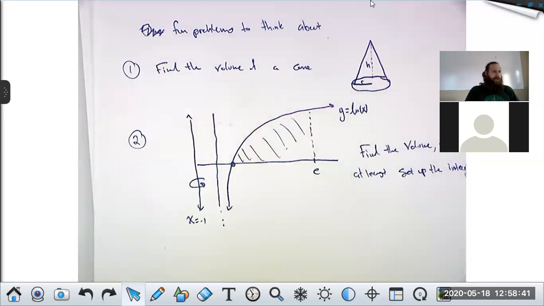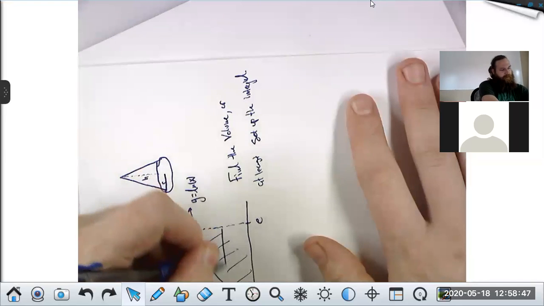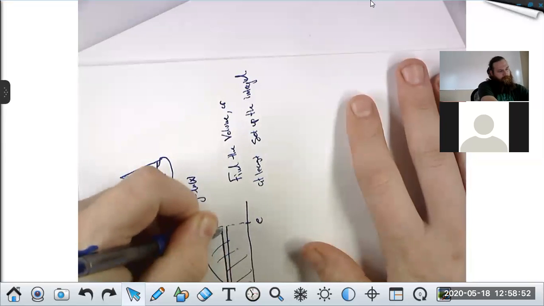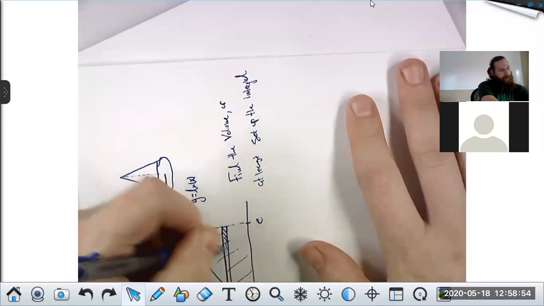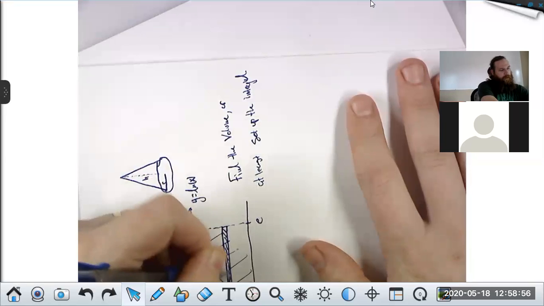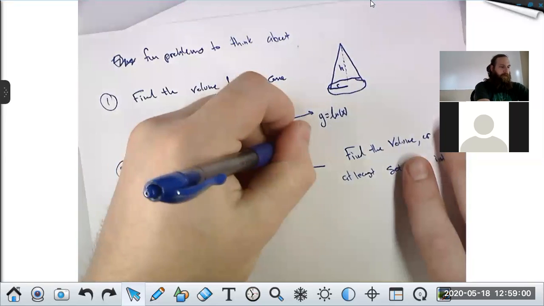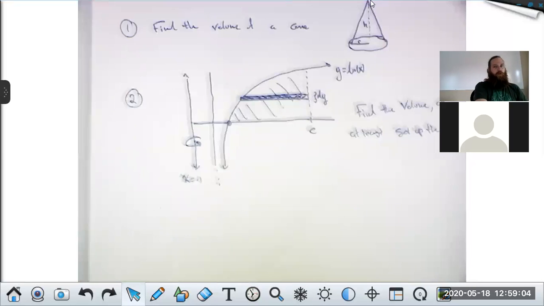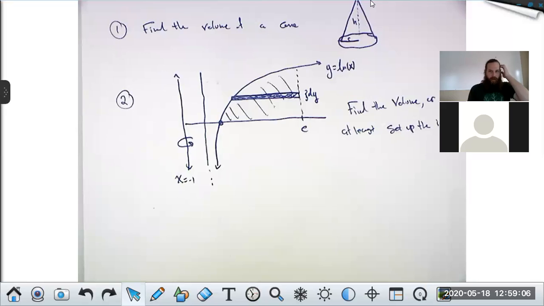And so you would be inclined to draw your strip in like this for this one, which means you're going to have to think a little bit about how to get cap R and little r. It's going to require a bit of work, but your thickness here is a dy thickness. So your integral will be a dy integral. And on Wednesday, I'll talk you through some problems like this.